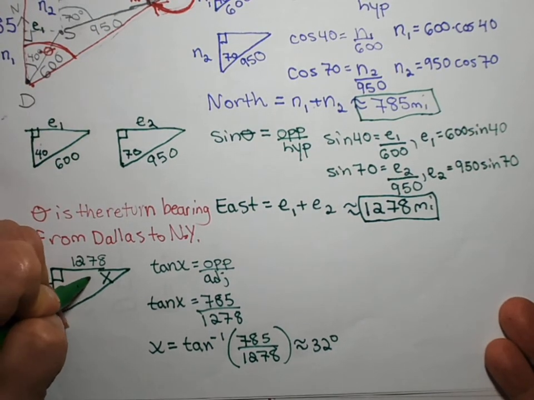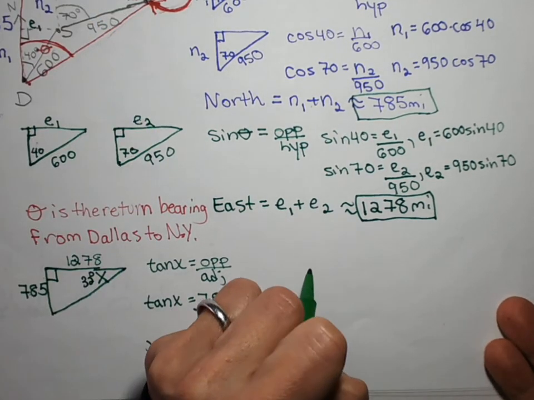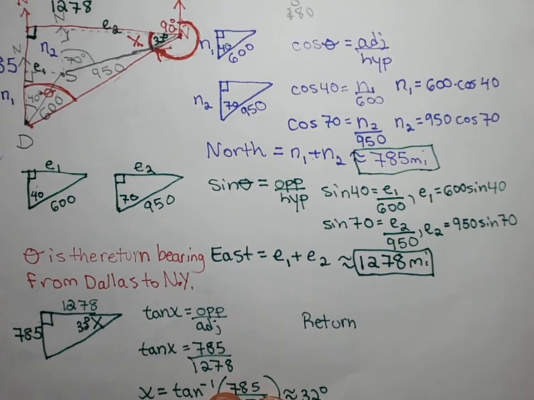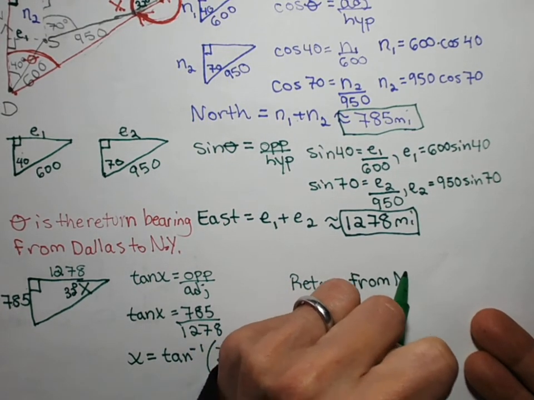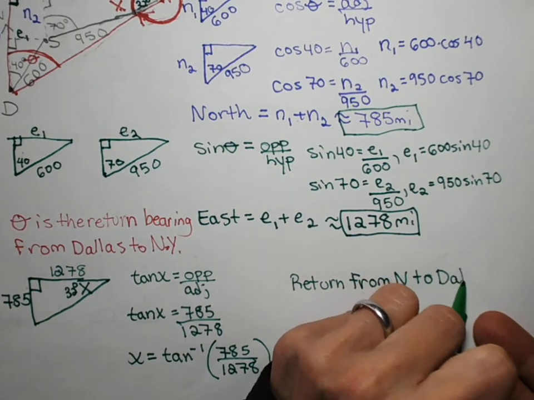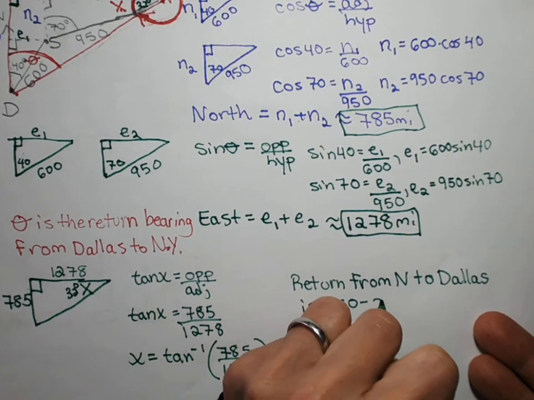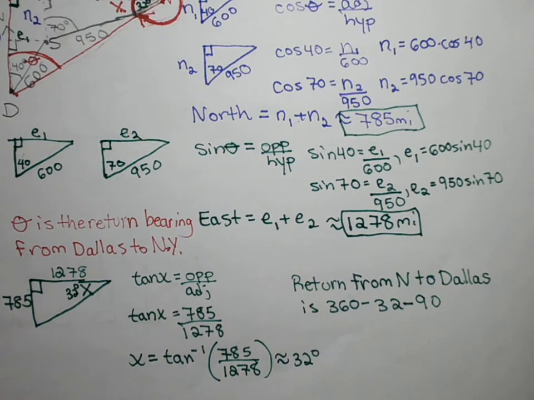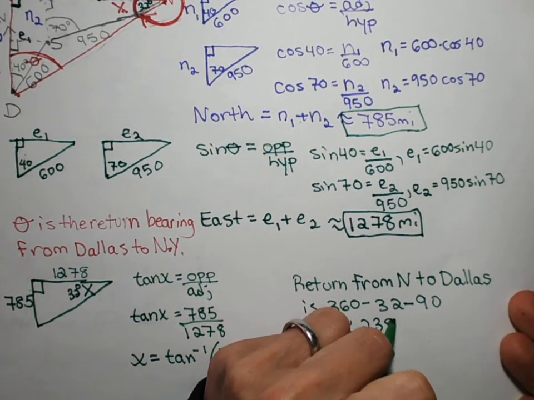So if this angle is 32 degrees, the return from New York to Dallas is 360, subtract 32, and subtract the 90, which is about 238 degrees.